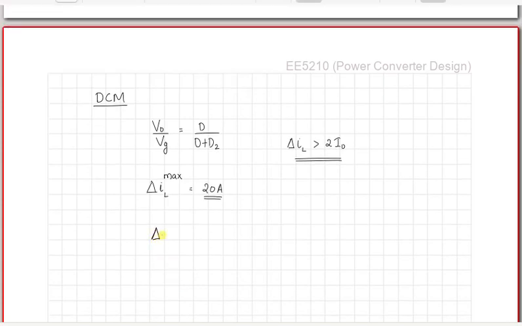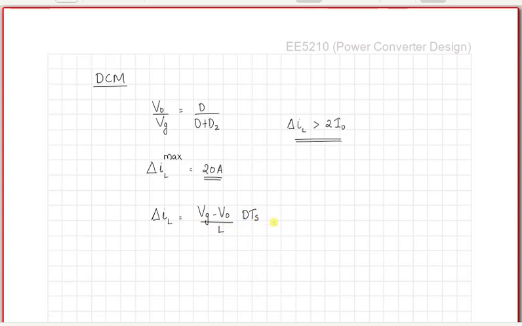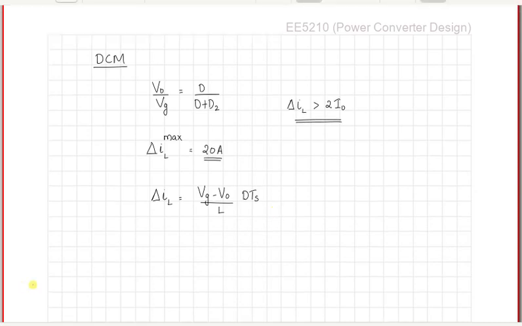So as before, delta IL is given by the slope Vg minus Vo by L during the on time multiplied by the on time, which is dTs. Okay, so again here we have both Vg and D coming into the picture, and therefore it is not very clear at what value of Vg we are going to have the maximum value of delta IL.